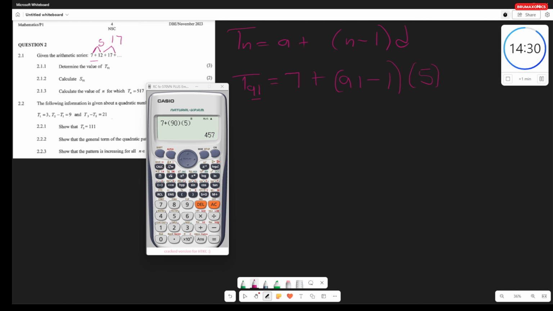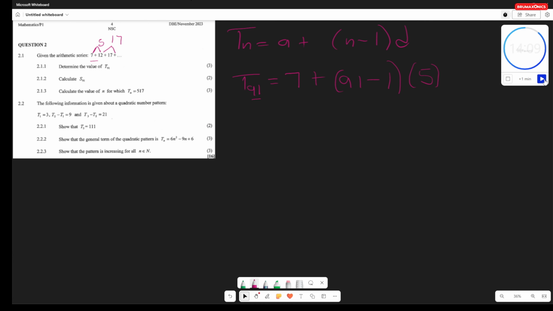We now have t91, and we needed only 3 minutes to tackle that, and we used 2. And this one is equal to 457.